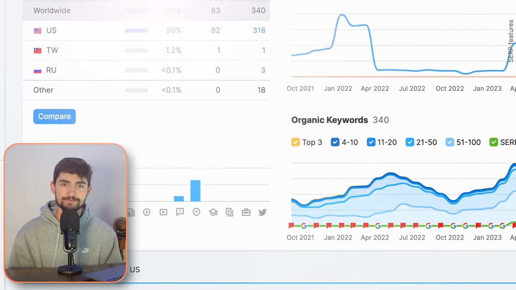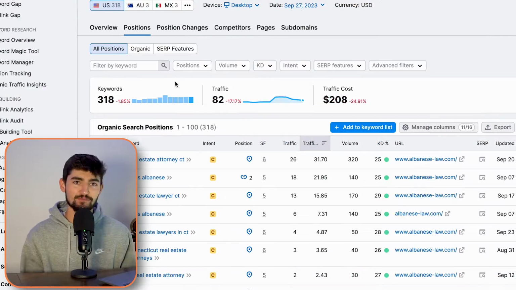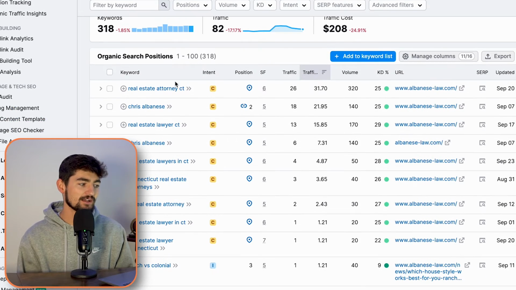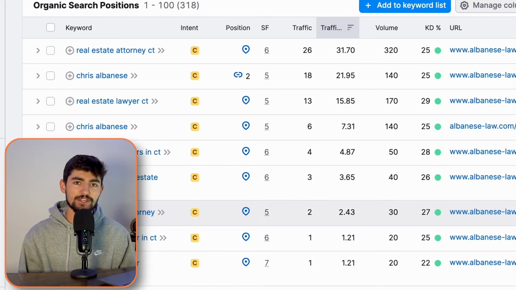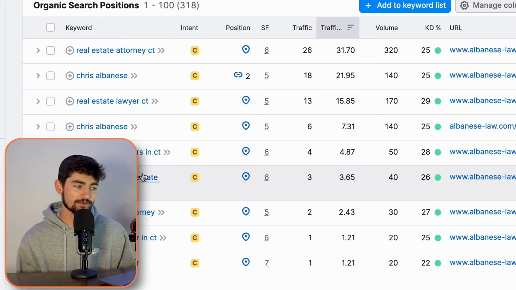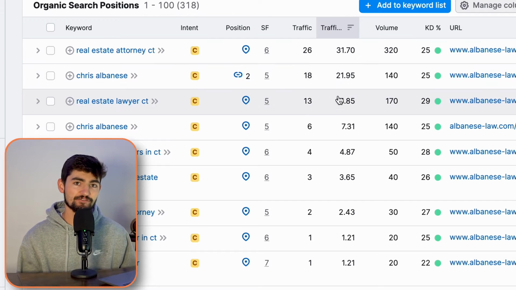So we have a ton of different factors and data that we can look at just based on this traffic report from Semrush. So one of the next things I like to dive into is a keyword analysis. I like to first explain what a keyword is, what it is that you're looking at right here. So on the left is what a user might be searching into Google in order to find your site. And then we can look at different things like the traffic percentage, so how much of your traffic is coming from this specific keyword.